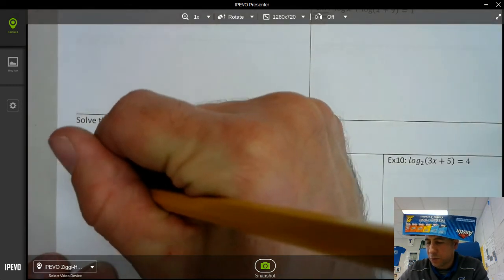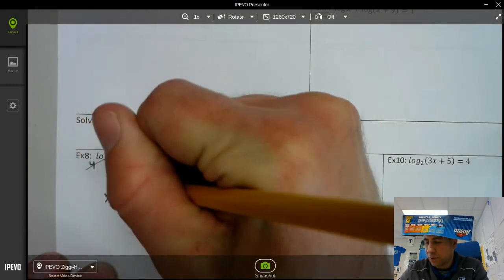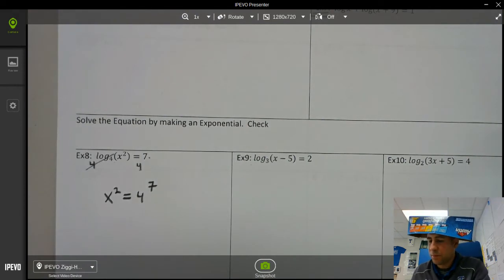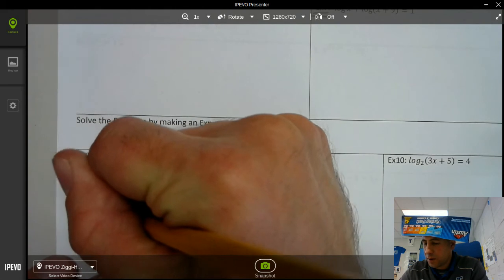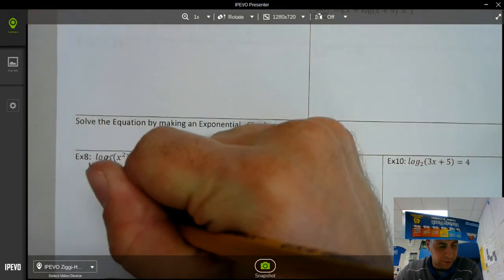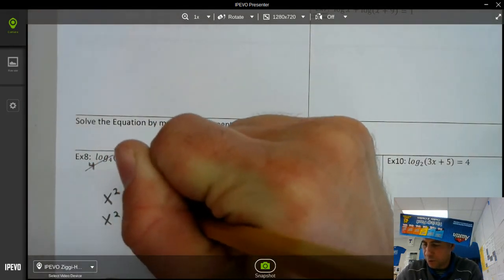So then you get x squared equals 4 to the 7th power, which is 16,384.